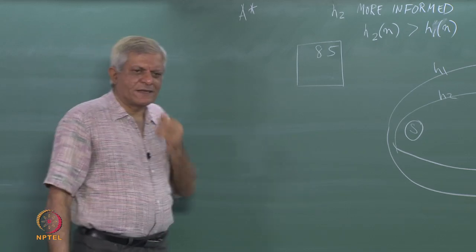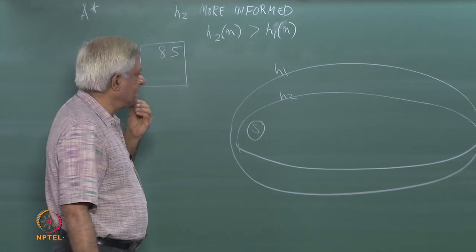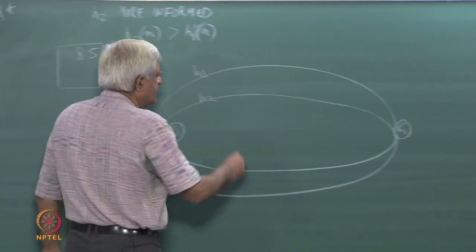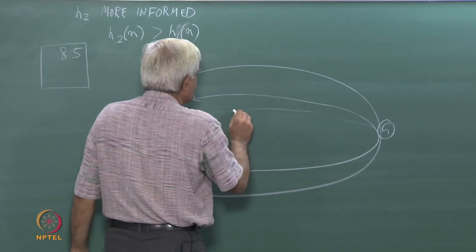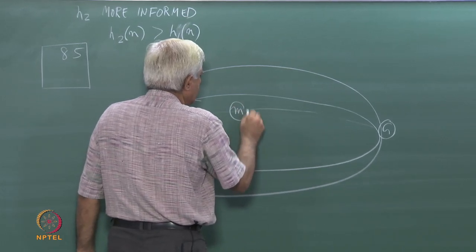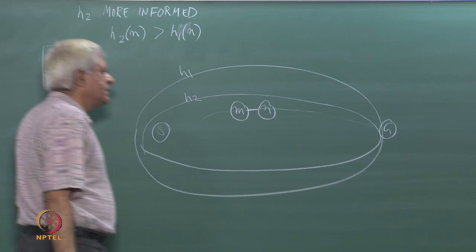Now, today we want to look at another property, which is that consider some paths to the goal node and two nodes m and n on the path essentially connected by that.